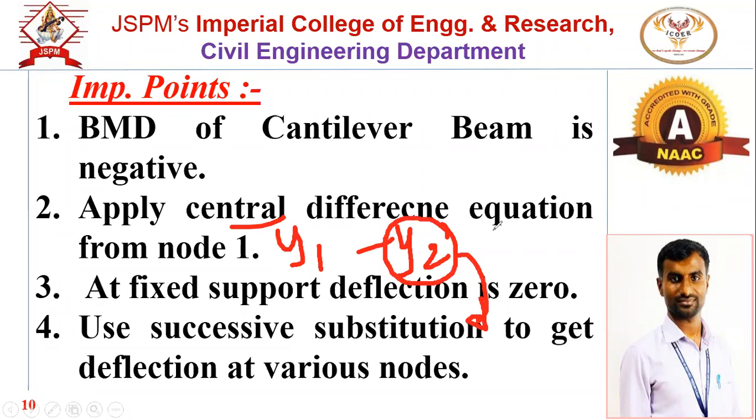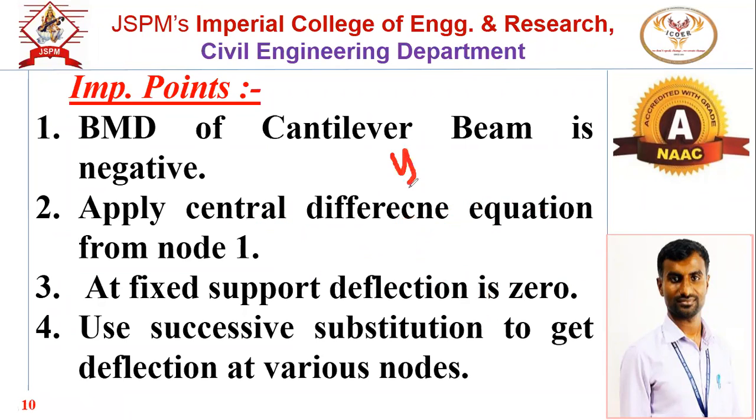If you apply the same equation for node 2, then in place of y2 you have to put the value of y2 that you calculated in step number 1. So after applying the equation for each node, you will get the value of certain deflections, and those values y1, y2, we have to put in the next equation. That's why we use successive substitution to get deflection at various nodes.